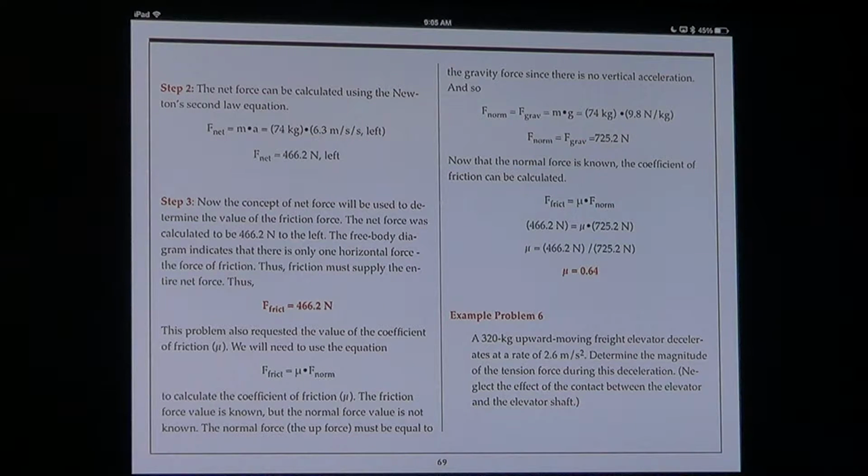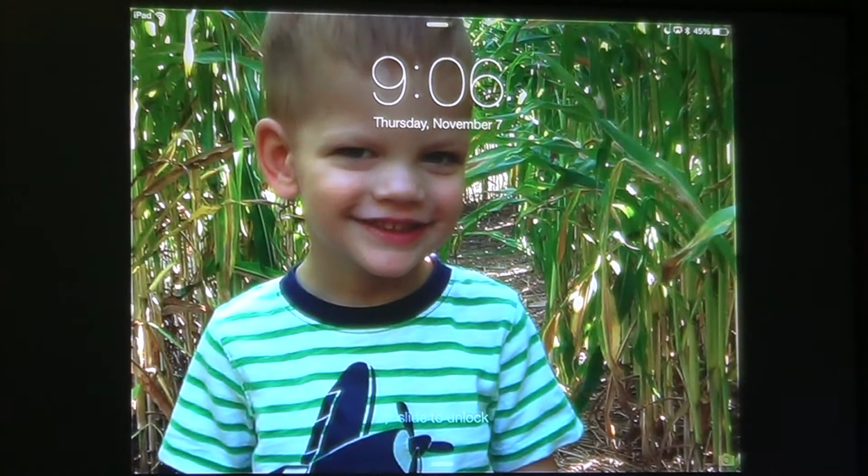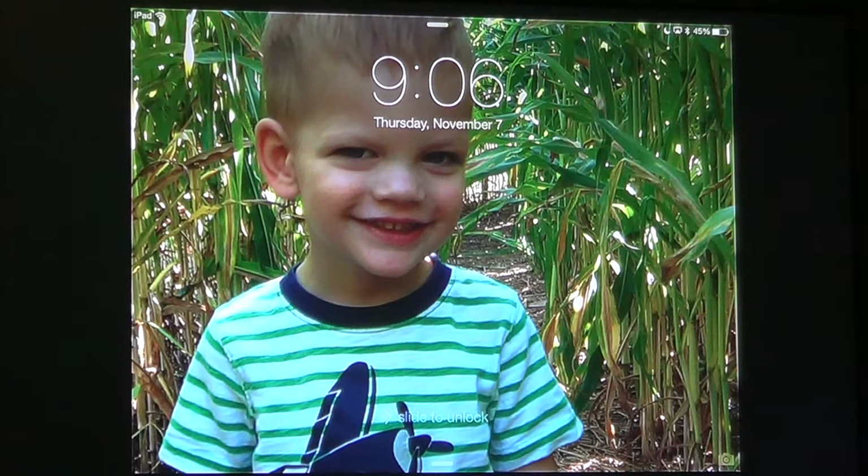Number 2, which one of the dot diagrams would best describe the motion of the falling cat? A, good.